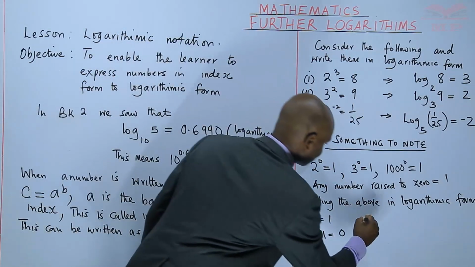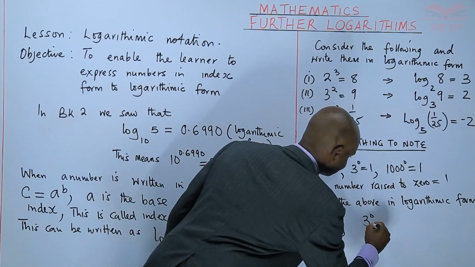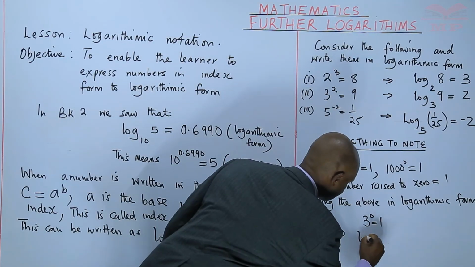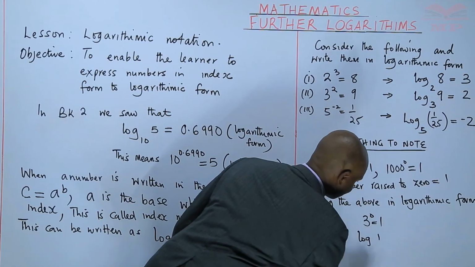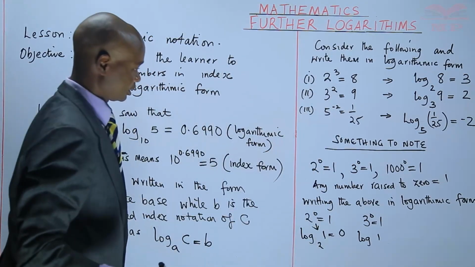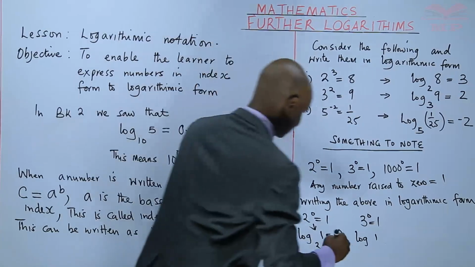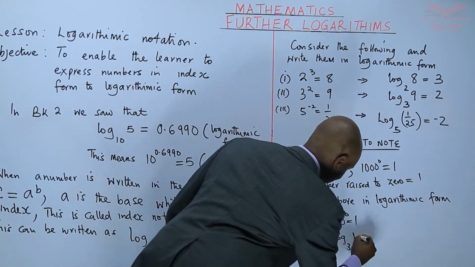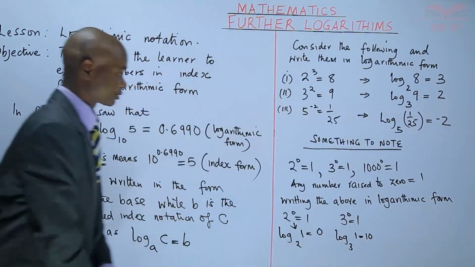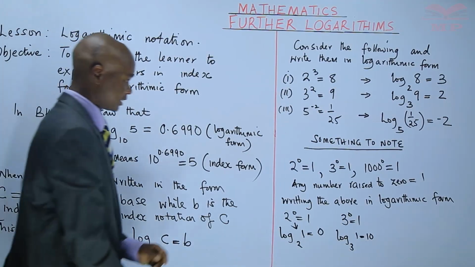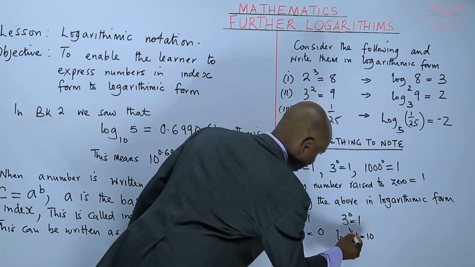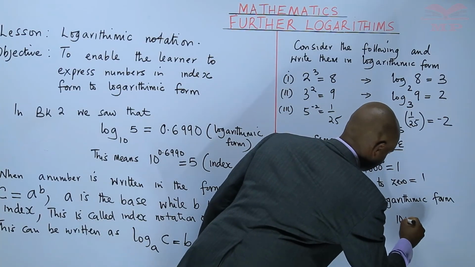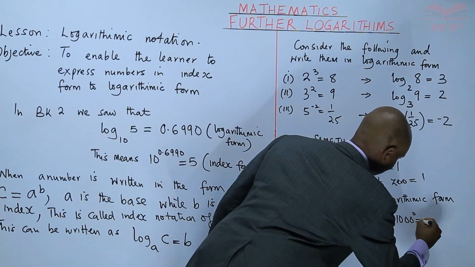When we come to the second one, 3 raised to 0 is equal to 1. It means log of 1 to the base 3 is equal to 0. We come to the third one: 1,000 raised to 0 is 1.